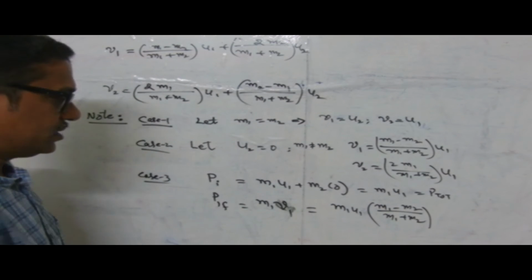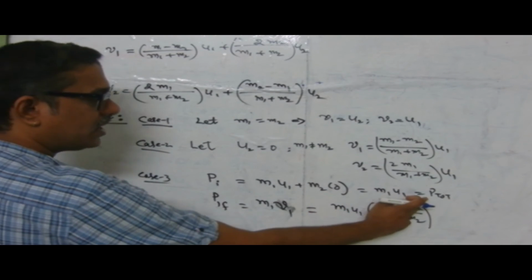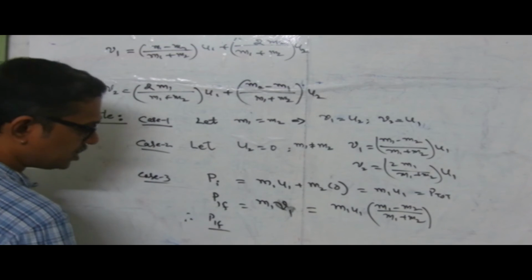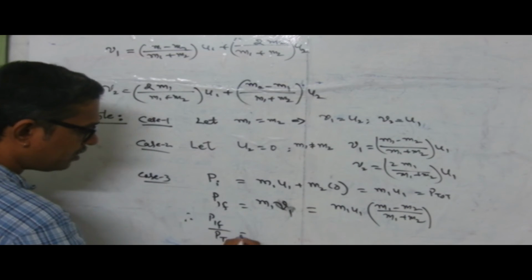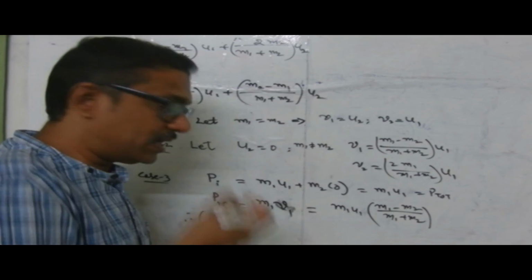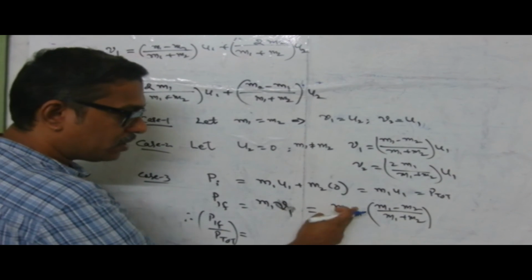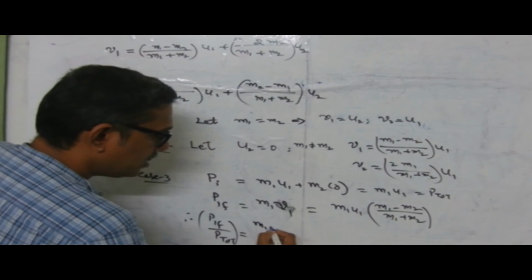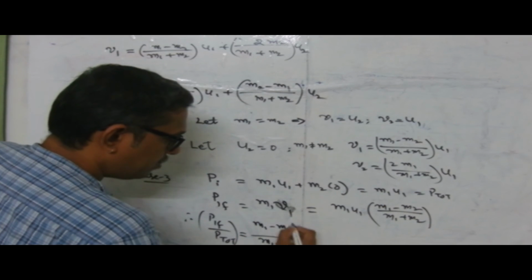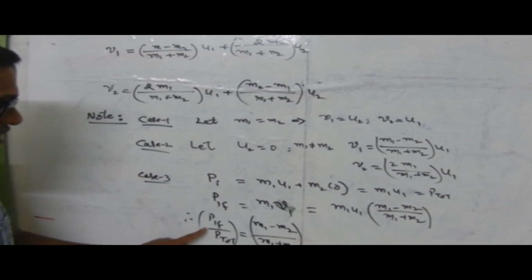What is m1 u1? It is called p total. Therefore the fractional portion of the total momentum after collision retained by the first object is given by p1 by p total, equal to (m1 minus m2) by (m1 plus m2). This is the first important result we have to remember in case 3.